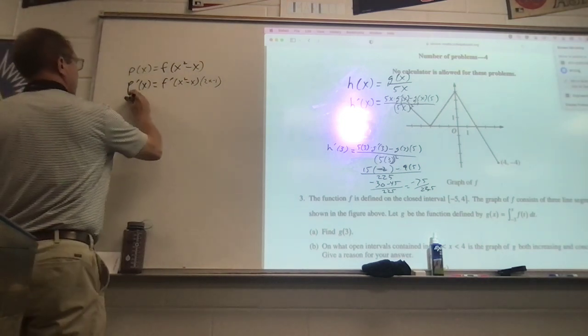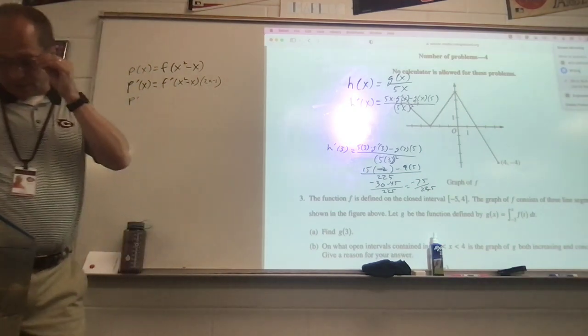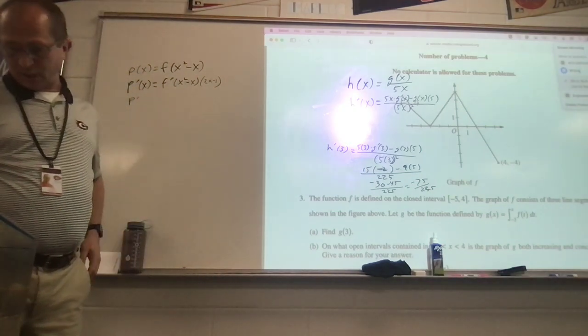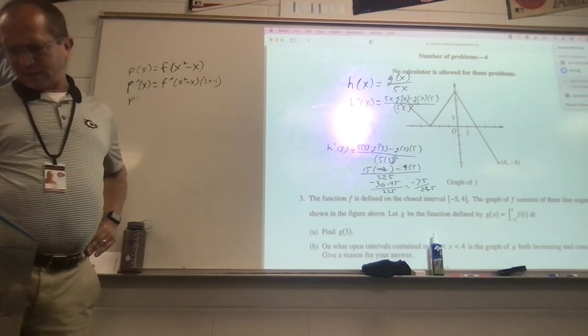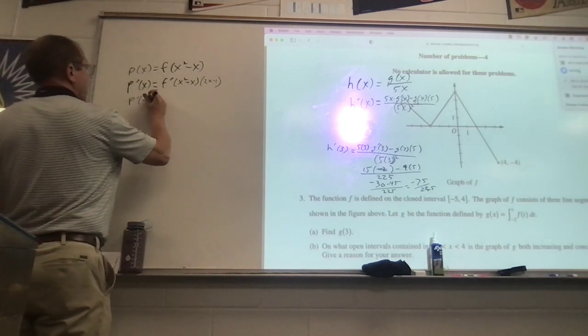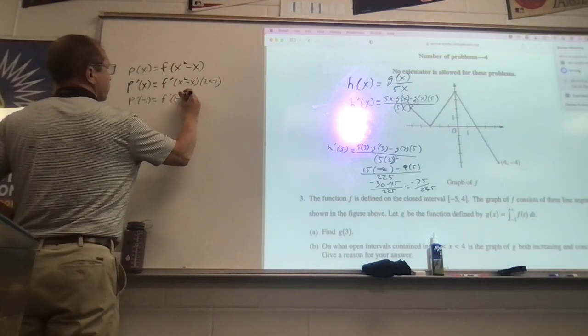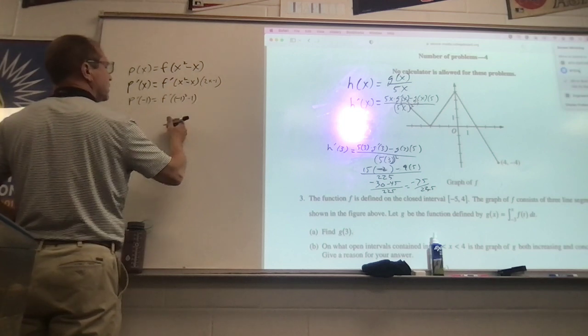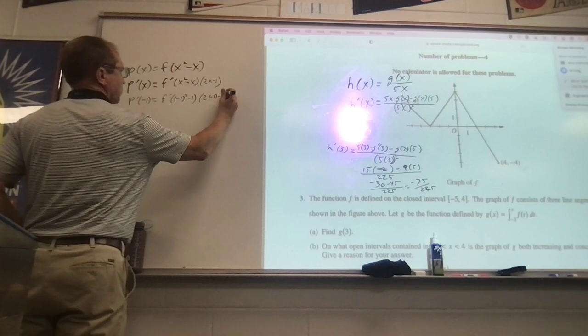So at this point right here, what's it asking about? Well, it's not on the board here, but it's on your sheet. We want to know when x is negative 1. So we've got p prime of negative 1 is f prime of negative 1 squared minus 1, then times 2 times negative 1 minus 1.